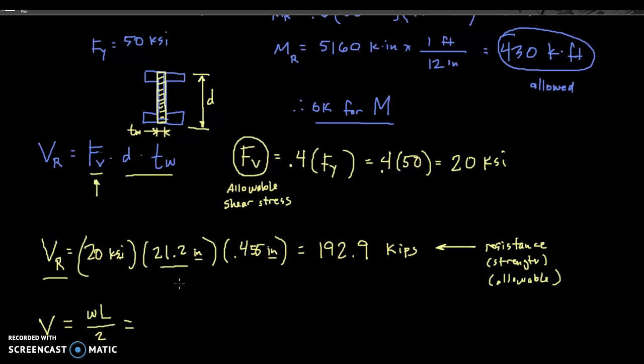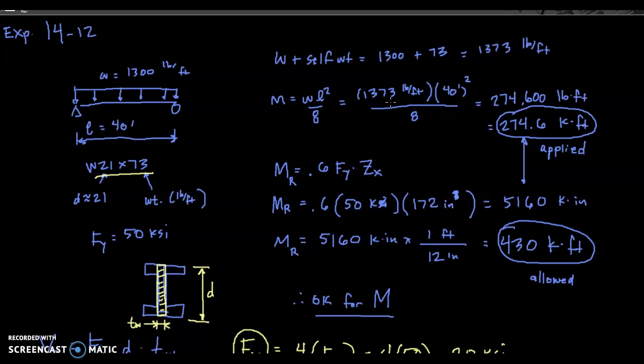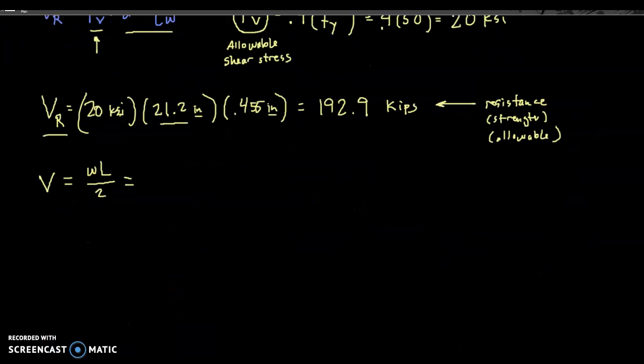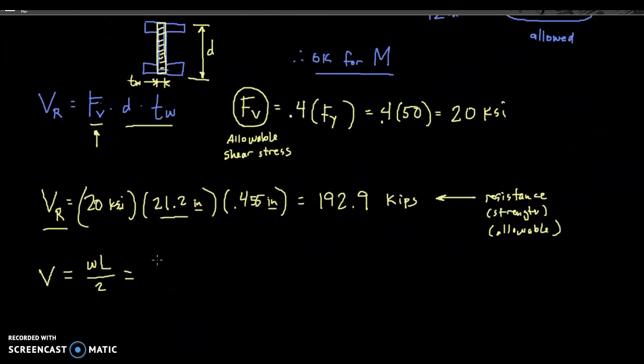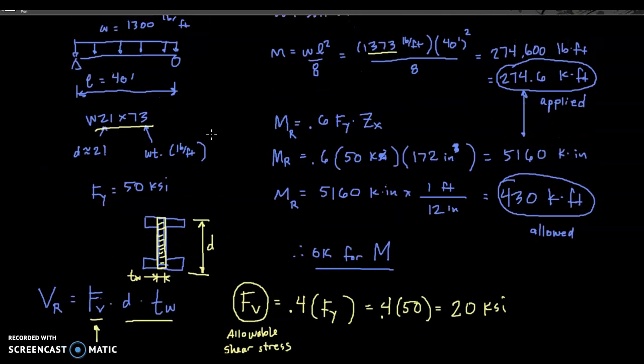So that is going to equal our total applied load, which was 1373 pounds per foot, times a length of, what was our length? Our length was 40 feet. Okay, right there, 40 feet.